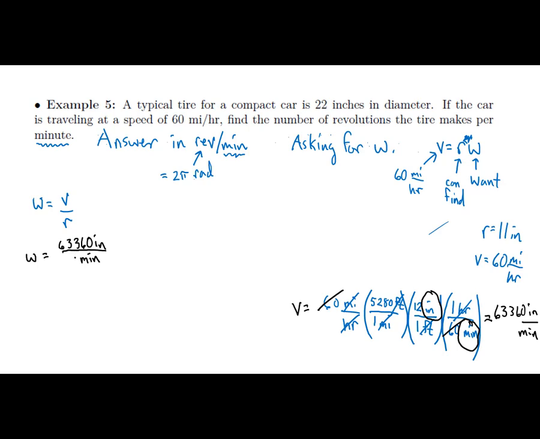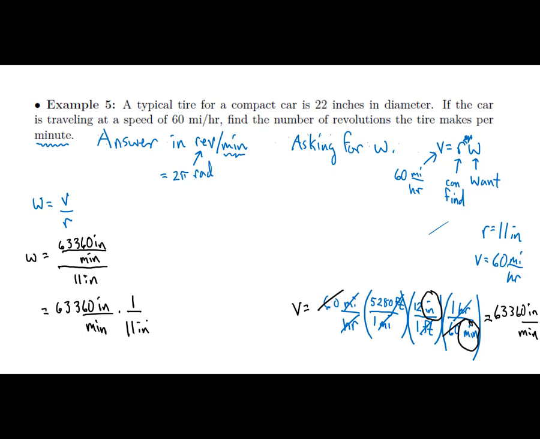So there's my V, and then my R is 11 inches, so I'm going to divide by 11 inches. If I take this fraction divided by 11 inches, that's the same as 63,360 inches per minute times the reciprocal, so times 1 over 11 inches.